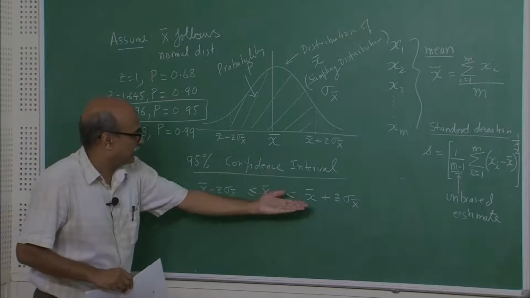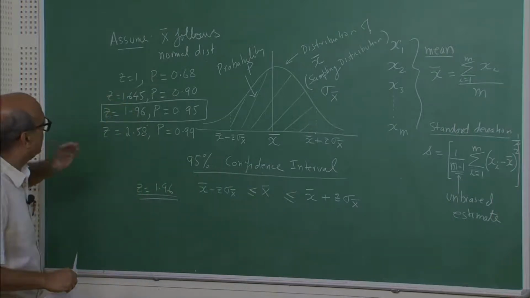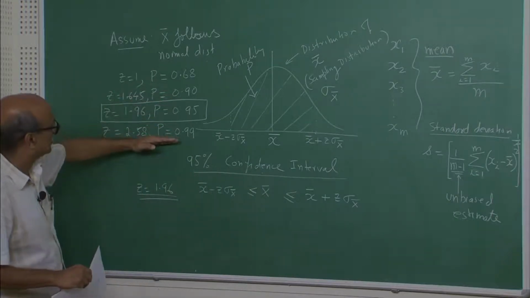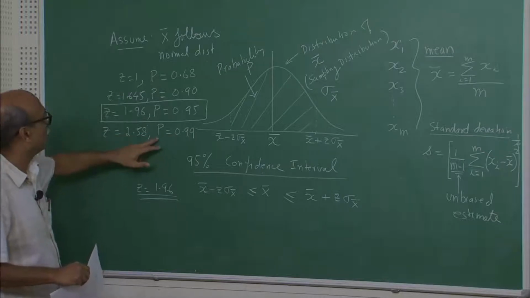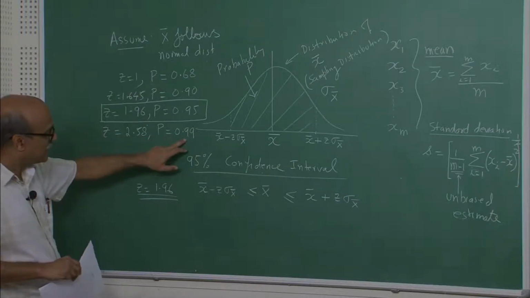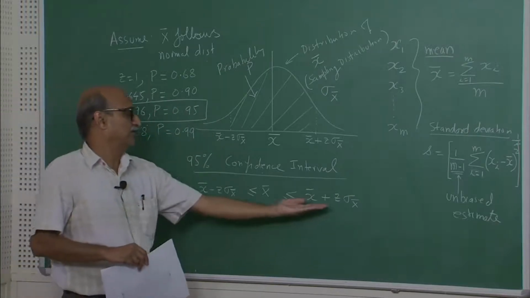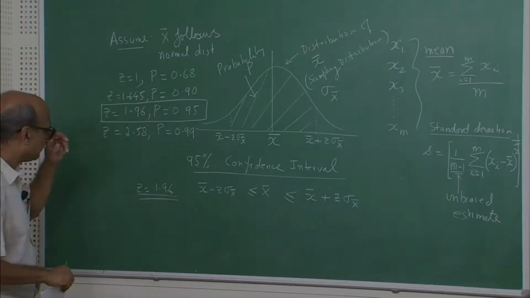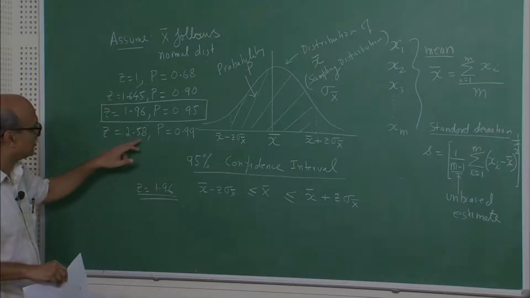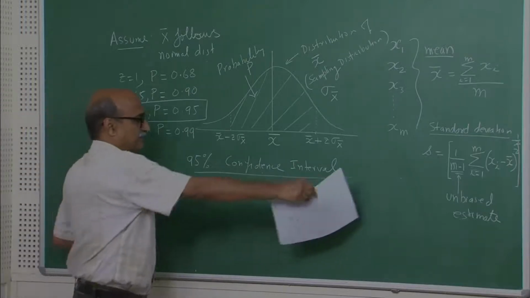This error bar, as you can see, if I increase my confidence level, let us say I want to go to 0.99 or 99%, that I want to be 99% sure that the value will lie in a particular range, then I will have to use z equal to 2.58 and this range will increase.